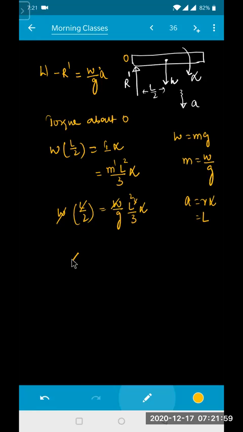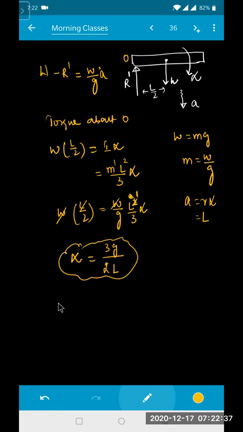So alpha is equal to 3G divided by 2 into L. The moment of inertia is ML square, so one L square cancels with one L and only one L remains. So alpha is equal to 3G by 2L. So this will be the angular acceleration.